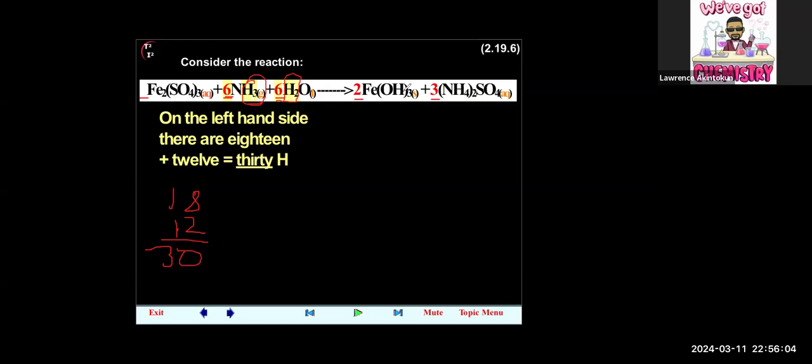And on the other side, you do the same thing. Here you have the subscript 3 outside the parentheses distributed into the OH. So here you have 3 hydrogen times 2, which is the coefficient, will give you 6. All right, plus you have 4 hydrogen subscript here times these 2 outside the parentheses to give you 8.